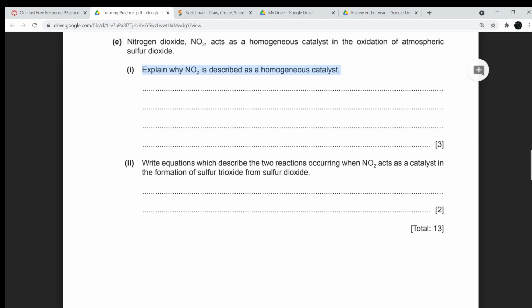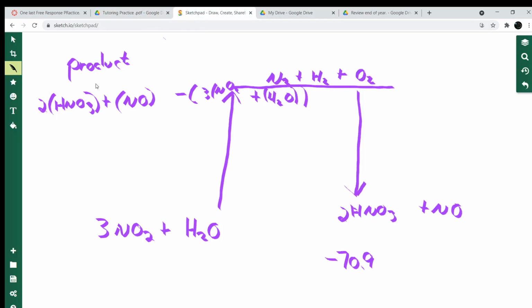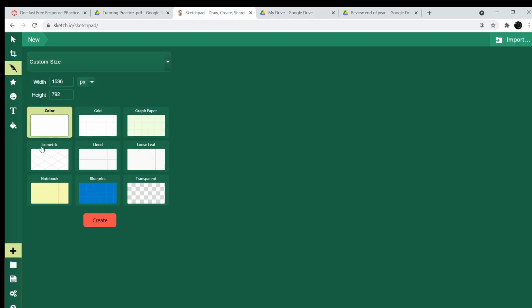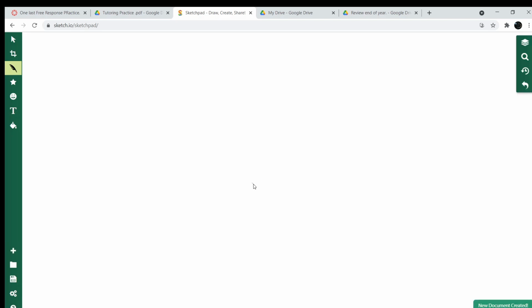Next, it wants us to write the equation for this, and we've seen this equation. This is a case where we have SO2, and it comes together with NO2.